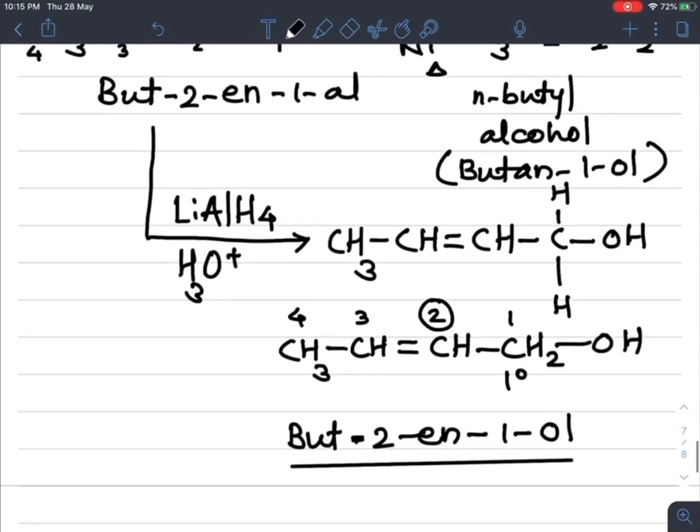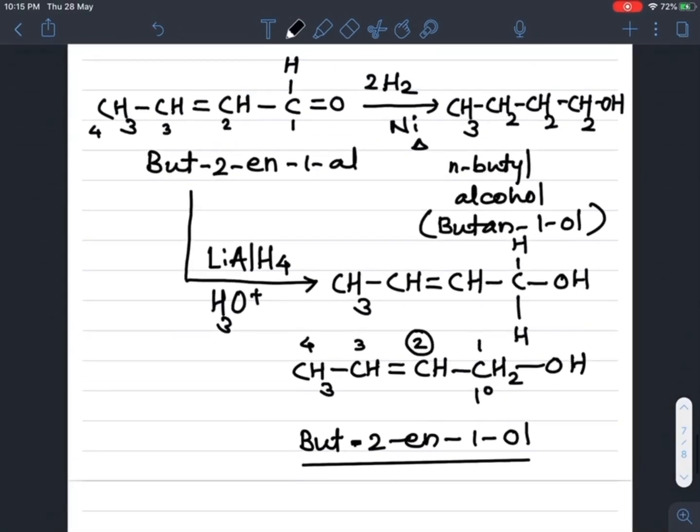Let's see the difference when hydrogen gas is used as a reducing agent in presence of nickel, and when LiAlH4 is used as a reducing agent. If hydrogen gas is used, then unsaturation does not remain; it is converted into a saturated alcohol. But if LiAlH4 is used, then unsaturated primary alcohols are formed as the final product.